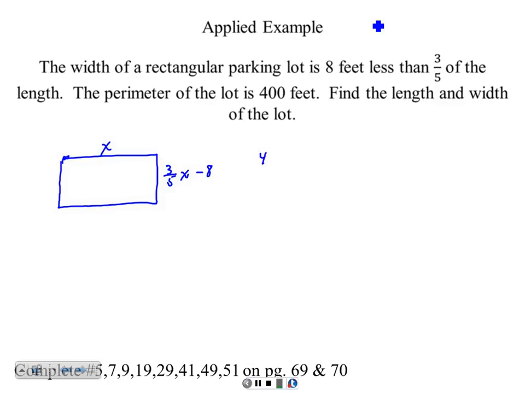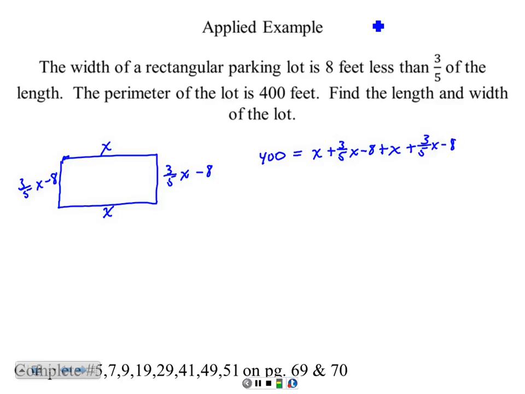If you remember, the perimeter of any polygon is where you just add up all the sides. So 400 is equal to the sum of the sides: x plus 3/5 x minus 8 plus x plus 3/5 x minus 8.